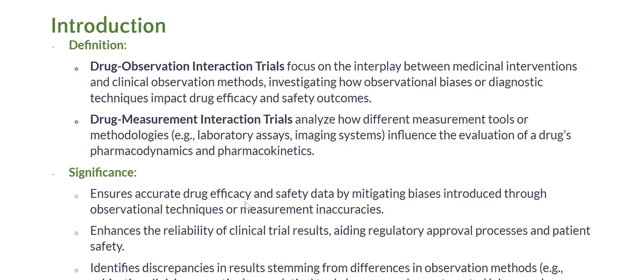Significance: it ensures accurate drug efficacy and safety data by mitigating biases introduced through observational techniques or measurement inaccuracies, enhances the reliability of clinical trial results, aiding regulatory approval processes and patient safety, and identifies discrepancies in results stemming from differences in observation methods, for example subjective clinician reporting, or analytical tools, such as manual versus automated lab assays.